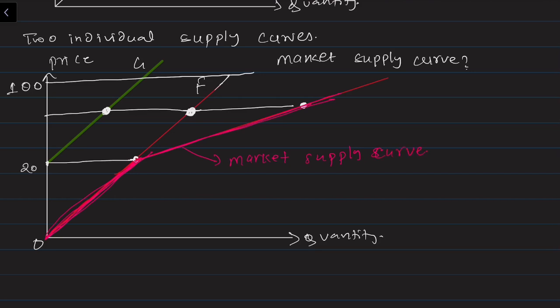Okay, so today we covered the demand curve and the supply curve, and so today we covered the market supply curve and the market demand curve, as well as we also looked at the consumer surplus and the producer surplus.